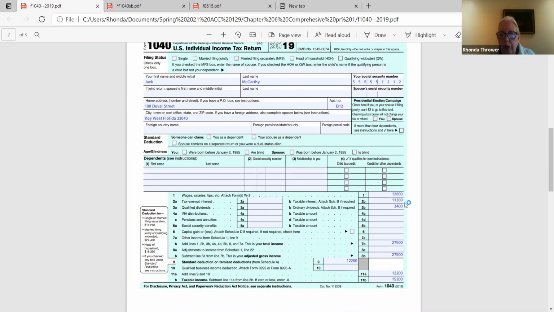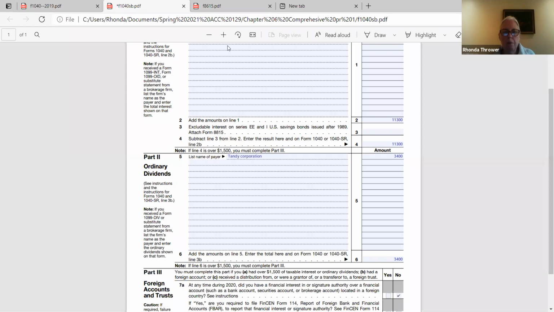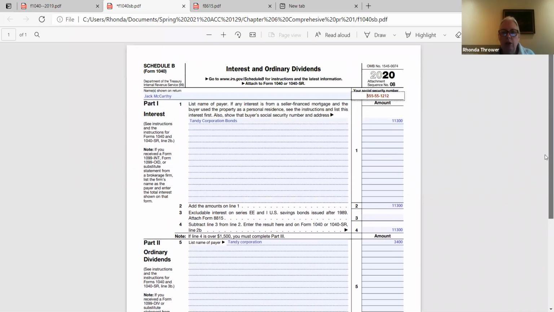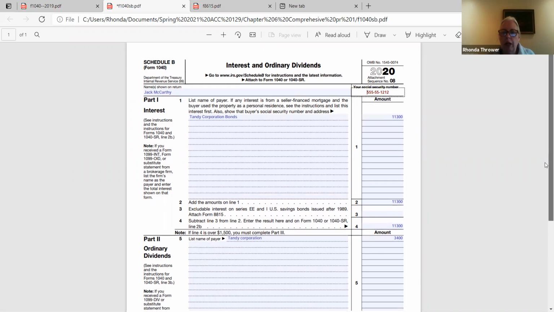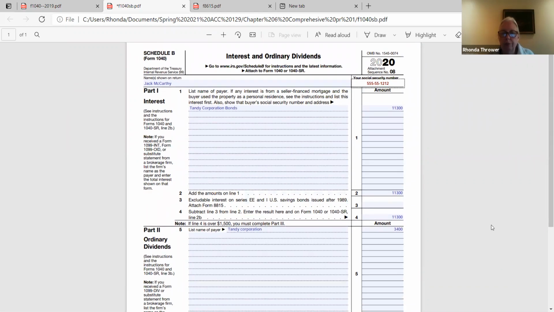So line 2B and 3B came from your Schedule B, your interest and dividend schedule. And I flip back to Schedule B here so you can see it again. But that's all we had to do for Schedule B.